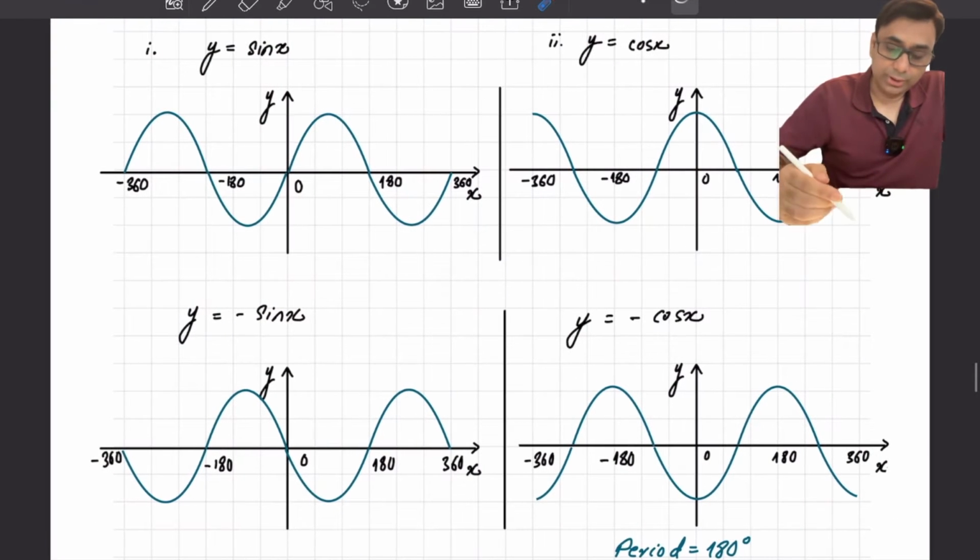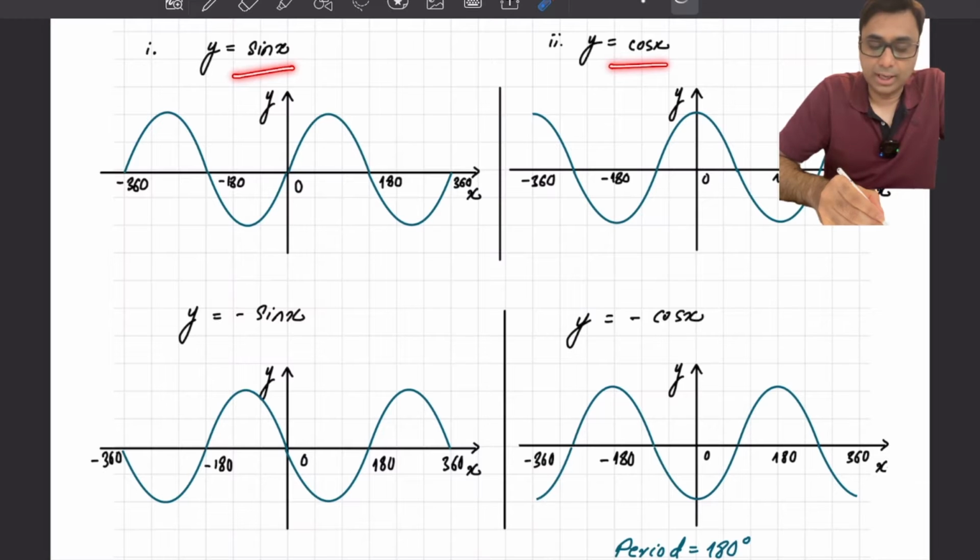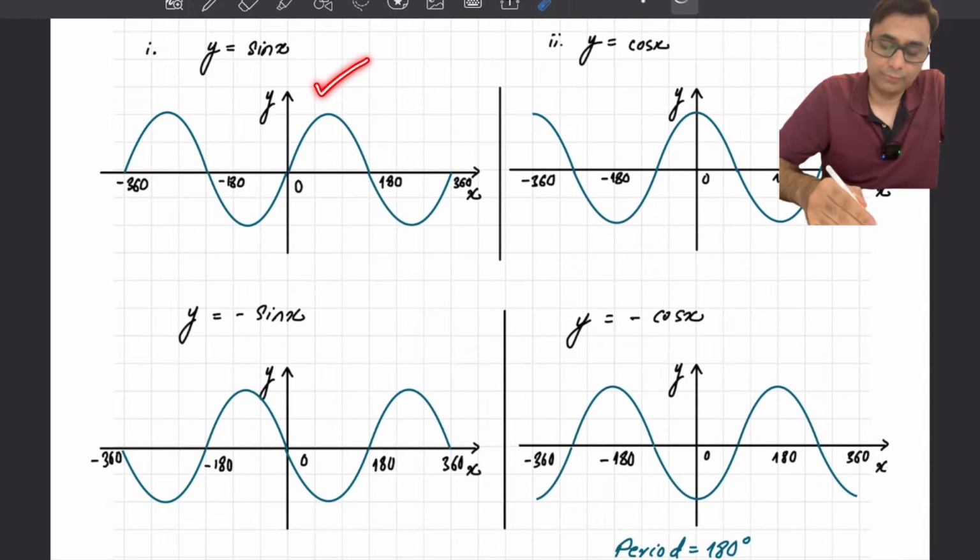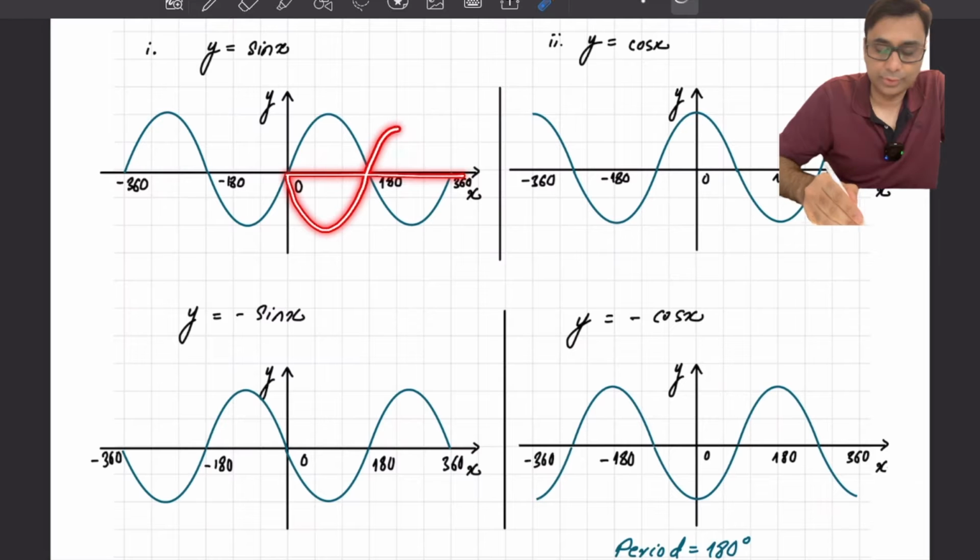Once you identify or learn how the graphs of cos x and sine x look like, you can automatically figure out the graph of negative sine x, because that will be just the reflection along the x-axis. So for negative sine x, it's going to look like this on the positive side and this on the negative side.